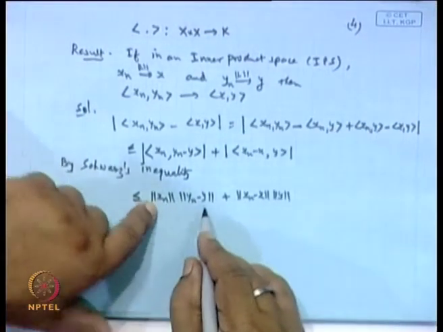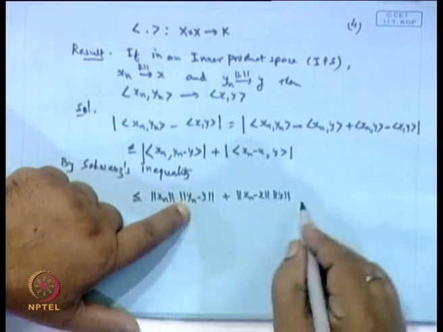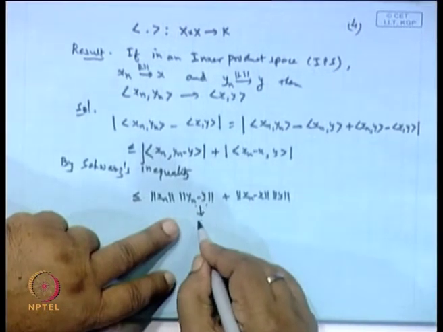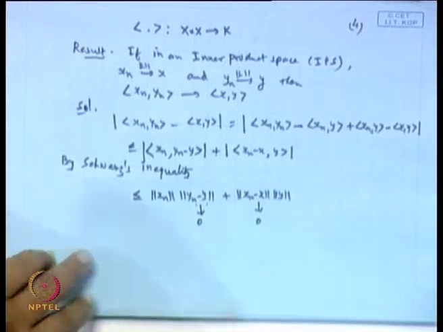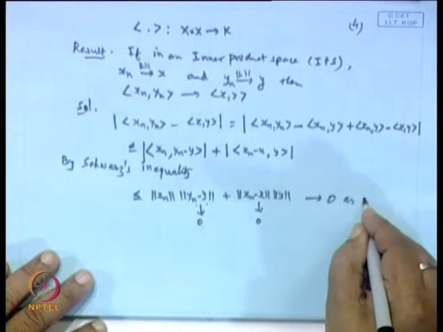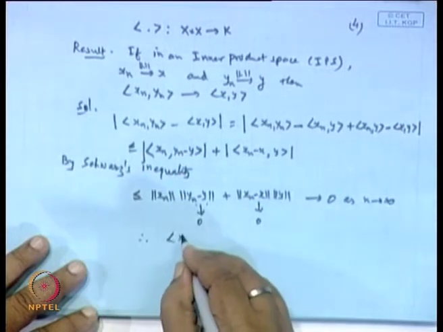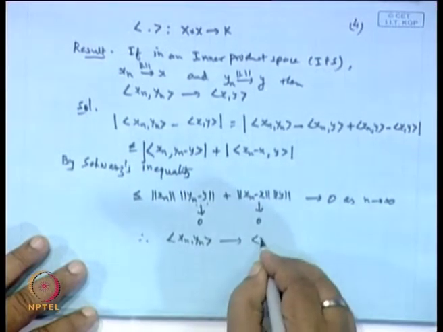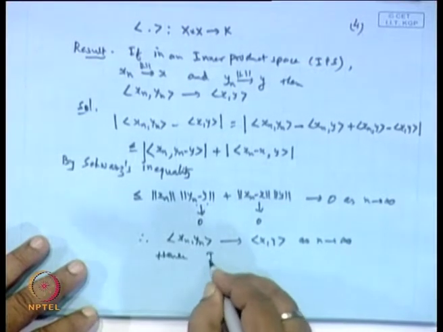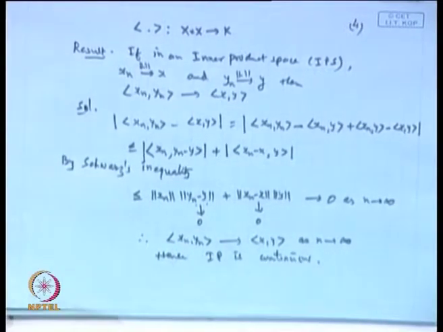So, x n minus x will go to 0, and y n converges to y means norm of y n minus y will go to 0. So, in total it will go to 0, clear, as n tends to infinity. Therefore, this sequence inner product x n, y n converges to inner product x, y as n tends to infinity, hence inner product is continuous.